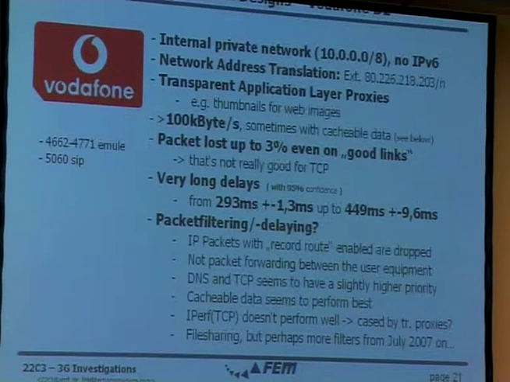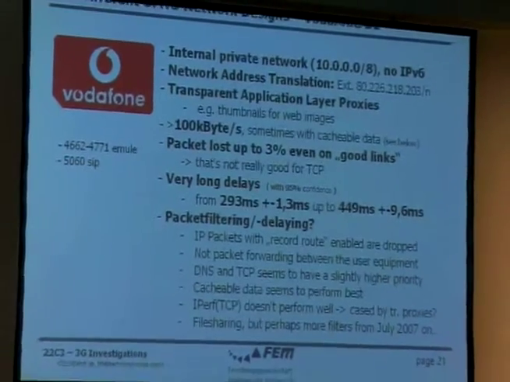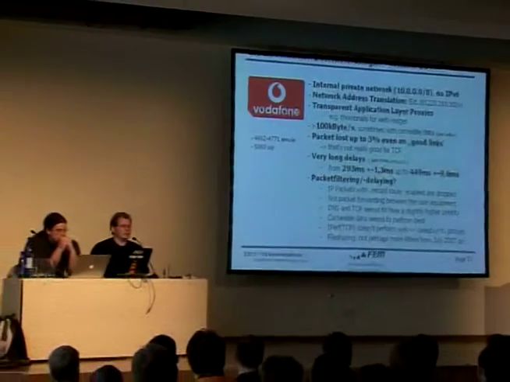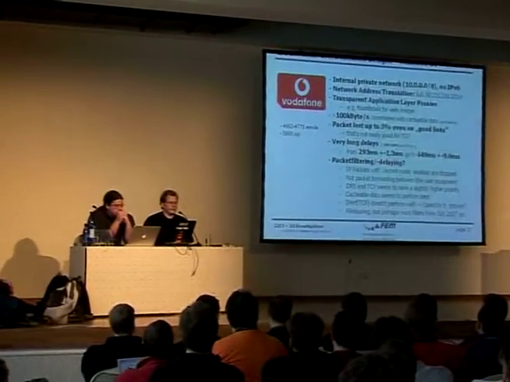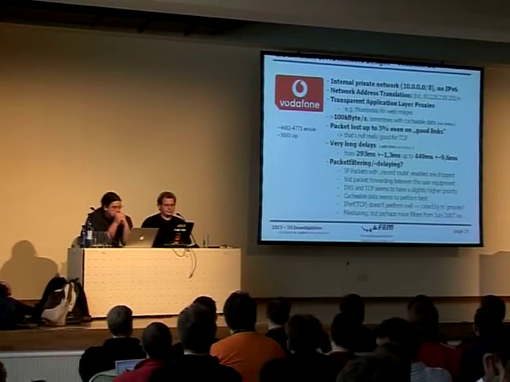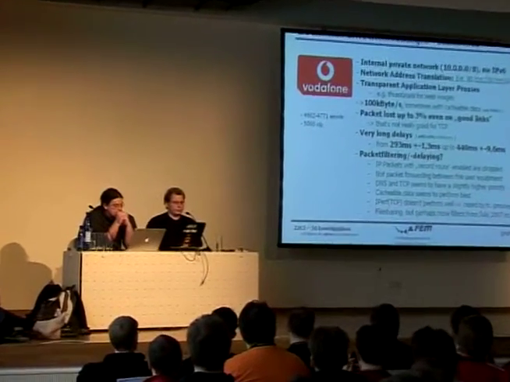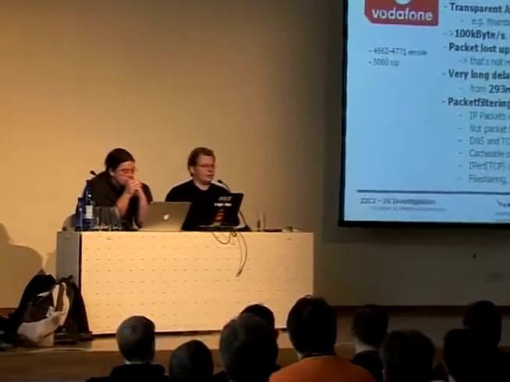So you're getting the image not in the high speed mode of your UMTS network, you're getting it really slow. In our measurements, we got over 100 kilobytes per second, which we mostly arrive with cacheable data, for example, FTP or HTTP connections.